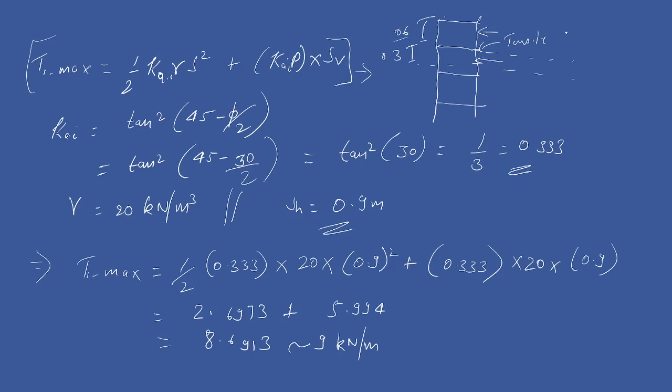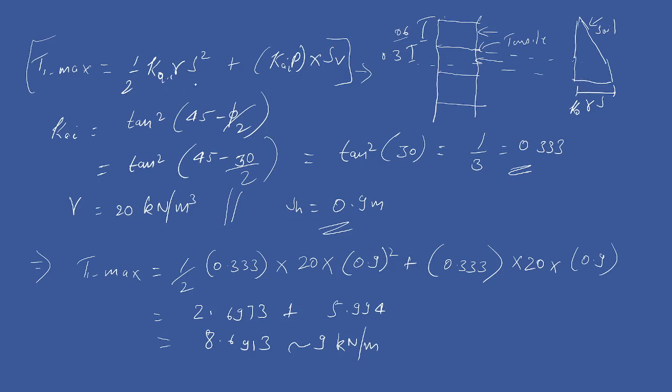From the soil we know the variation of the load profile will be triangular in shape. This is the lateral pressure coming from the soil, which will be gamma H, or gamma S I should say. The vertical will be gamma S and the lateral, we know, is K naught times gamma S.